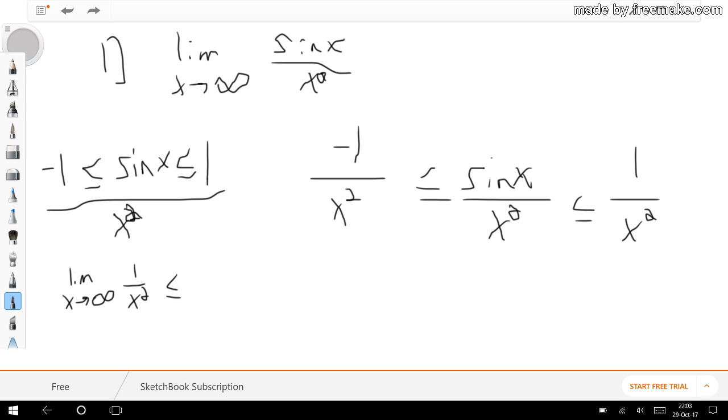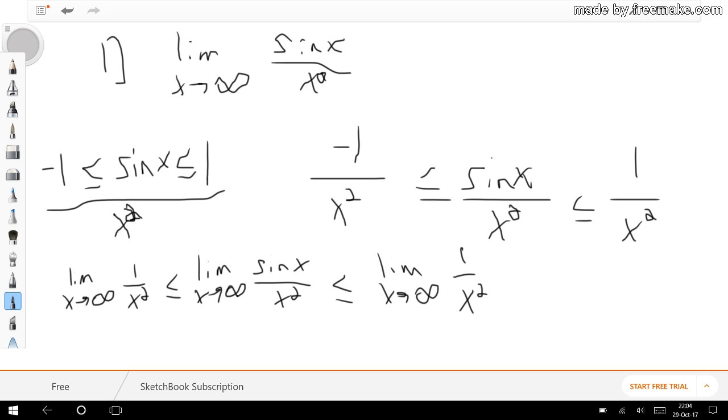It's actually, so that limit is less than the limit as x approaches infinity of sine x over x squared, which is less than or equal to the limit as x approaches infinity of 1 over x squared. And I made a mistake over here on the very first one. I forgot to carry that negative. So yeah, just pay attention.